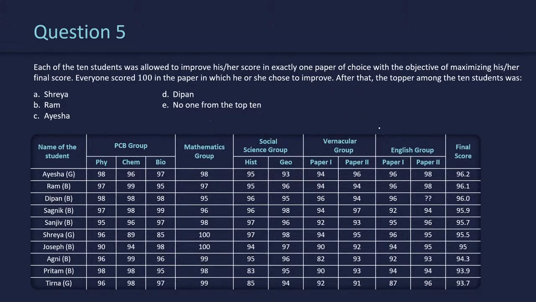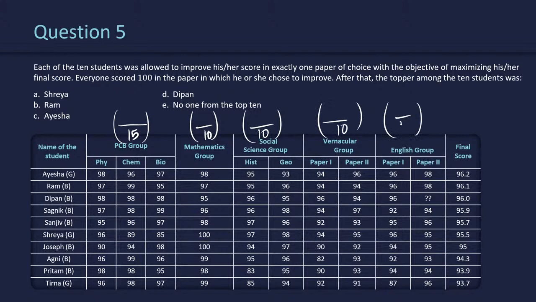So this will result in actually PCB वाला marks में जितना एडिशन है by 15, मैथमेटिक्स वाले में by 10, सोशल साइंस वाले में by 10, वर्नाकुलर ग्रुप वाले में 10 and English ग्रुप वाले में 10. Sorry, this will be 5 only, क्योंकि यहाँ पे 1 था ना, 1 into 5.